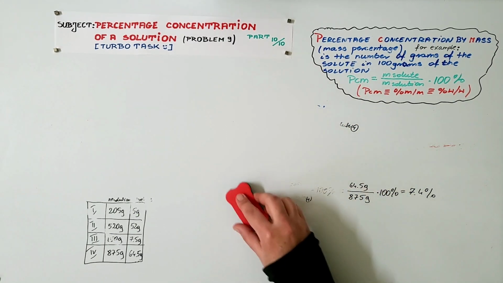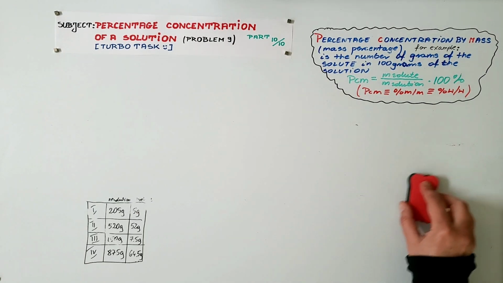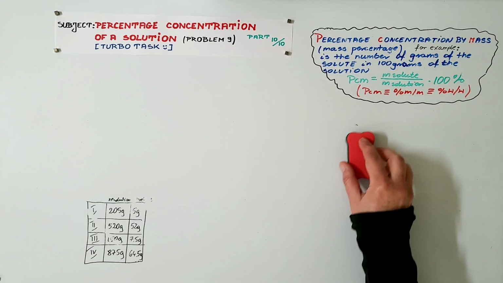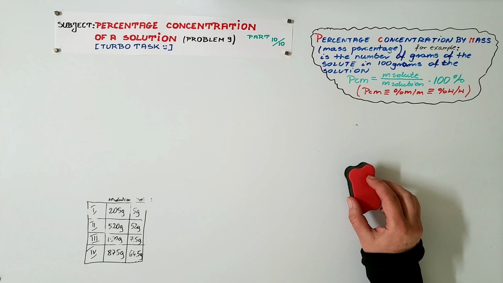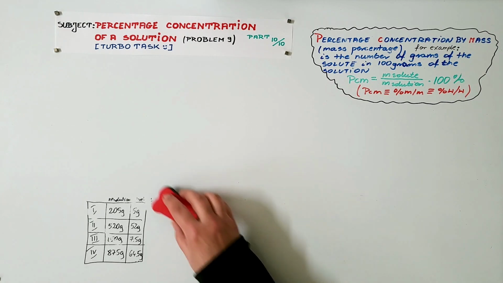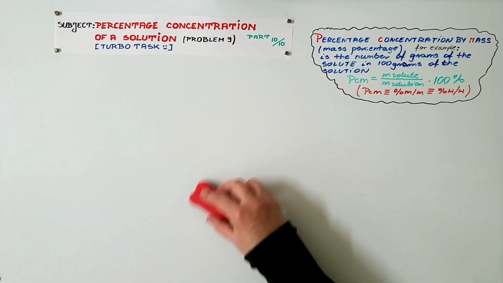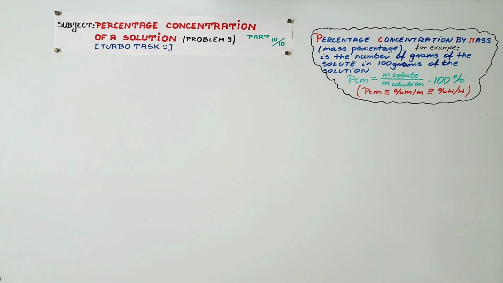It's a pity because such a turbo problem has a lot of points. Remember, the most important thing is to understand the content of the problem, because if we know what it is about, we know what and how to calculate it, and that is already half of the success.